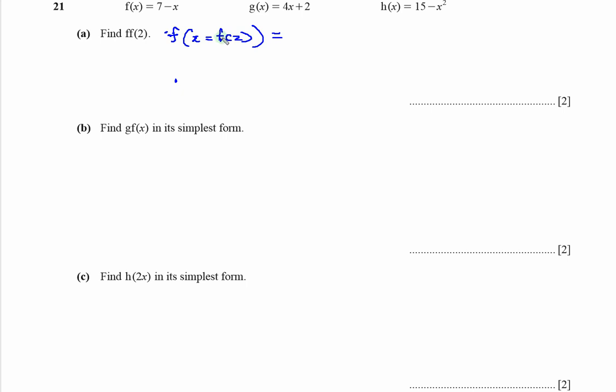When the function f, when x equals 2 in the f function, so you got a 2 here, so 7 minus 2, that gives you 5. So this can be written as f(2) equals 5. This thing becomes 5. Now let's look at the f function again. Now your x actually is 5. So this is 7 minus x, so it's 7 minus 5, so it becomes 2.